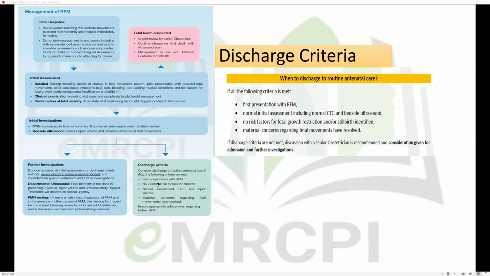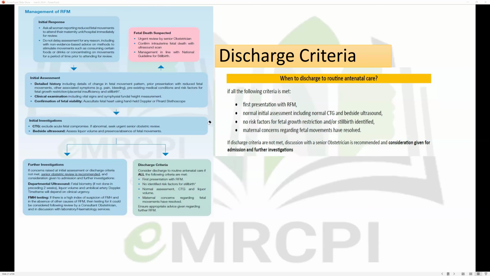Covered. Yes. Look, my friends, the bedside ultrasound does not aim to assess fetal growth or Doppler. The bedside ultrasound is to assess the liquor volume and presence or absence of fetal movement. So I am doing a bedside ultrasound. No need for a specialist to perform this ultrasound, just to confirm the fetal viability and movement and assess the liquor volume.